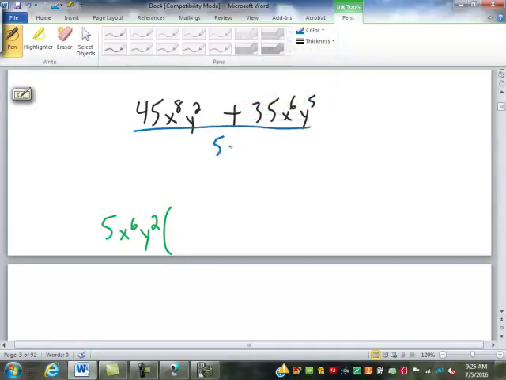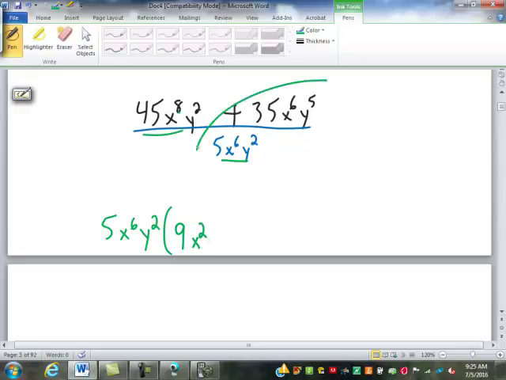So we're going to divide by 5x to the 6th y squared. 45 divided by 5 is 9. X to the 8 divided by 6, 8 minus 6 is 2. Y divides out. Y squared divided by y squared is gone.